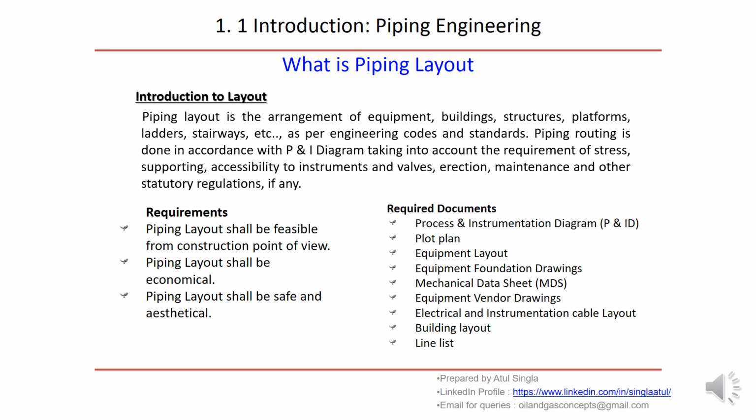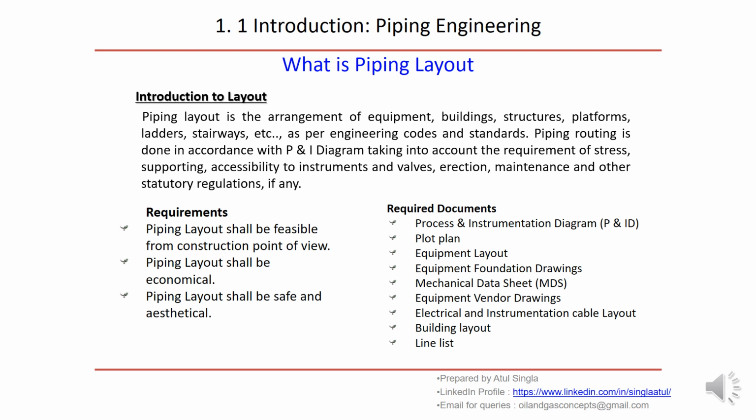P&ID is a process document which is the base foundation for layout people. We'll discuss in detail the piping and process P&ID diagram. Along with this, we have to fulfill a few stress requirements, supporting, and not only this, but the accessibility to all instrumentation, valves, erection of equipment, maintenance, and other statutory regulations.